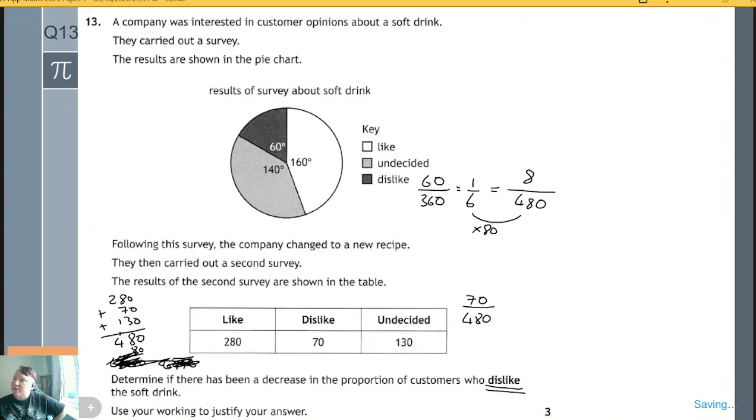So I need to do the same on the top. I need 80. Right, so I'm comparing 80 for the old formula and 70 for the new formula. Yes, there has been a decrease in the proportion of customers who dislike the soft drink. Right. Okay, and that's the end of paper 1.